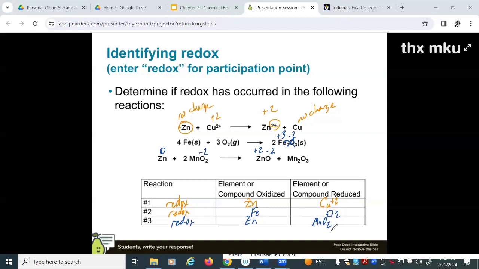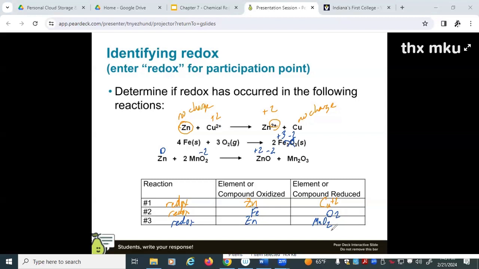This last one's kind of a tough example. It's not as easy or as clear cut as the other ones. Now I'll tell you, for the kinds of problems that you're going to get in the future, it's going to be much more like these first two than the last.